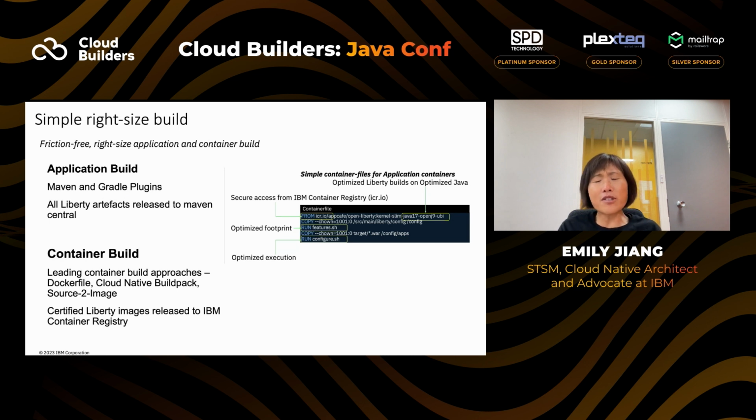This base image is uploaded to the IBM container registry and also to Docker Hub. Then you specify the Java version, copy your configuration, and run features.sh to optimize the footprint. Then you copy your WAR and run configure.sh, which optimizes the execution.